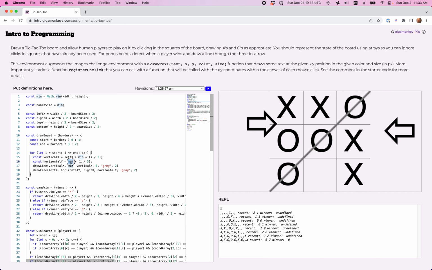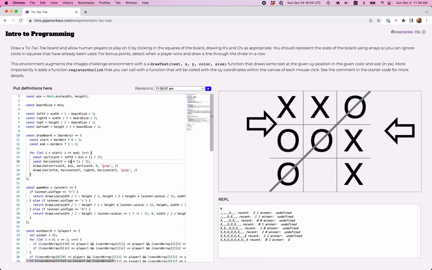So now we should probably also not use min, and maybe so the horizontal y, okay, so this kind of assumes, yeah, so this should be computed similarly to how we computed the vertical x.